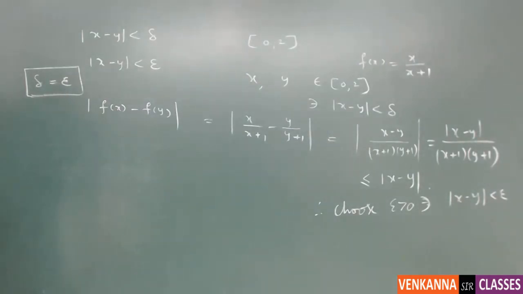You can take the maximum of 0, 2. Actually, the underlying idea here is, if you take the maximum of 0, 2, it will be the value 2. Accepted? Right. But actually, epsilon is usually at most 1. You cannot take more than 1, isn't it?